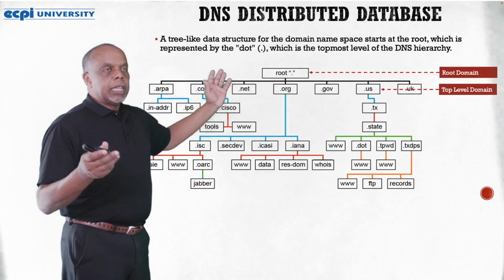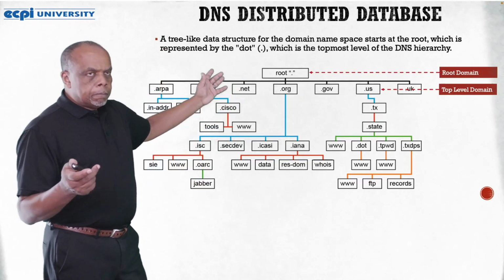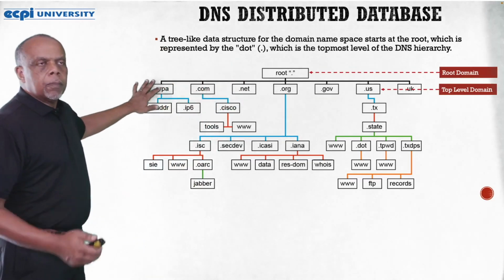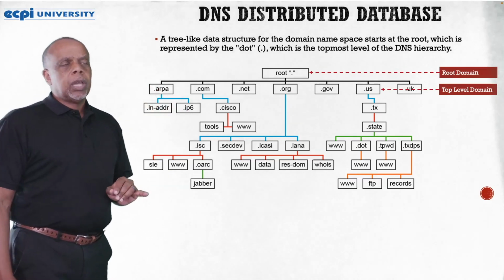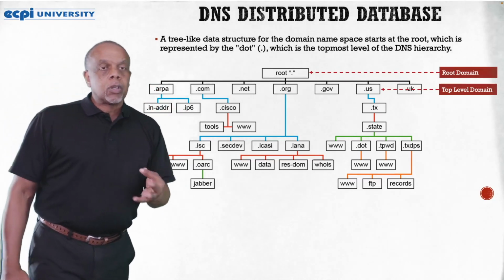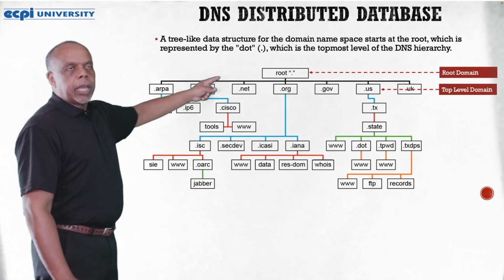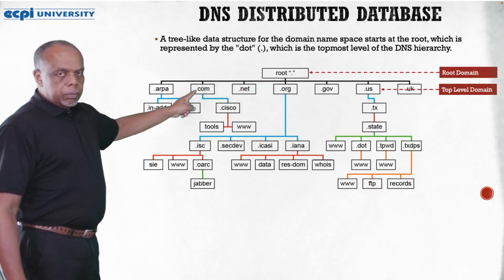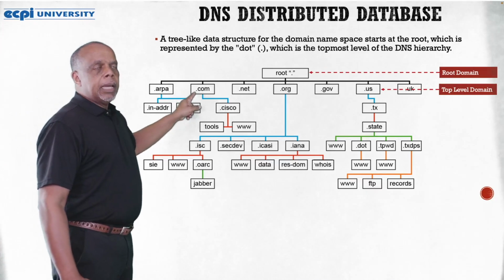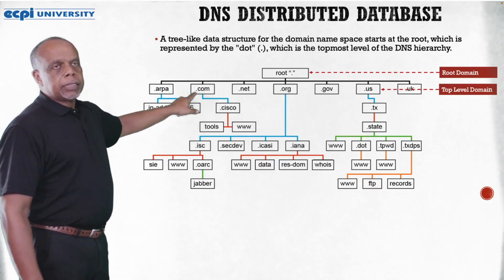Let's say we can use any of these as an example. Let's just use Cisco. If my computer was looking for Cisco's IP address, it would go to the root and say, hey root, I'm looking for cisco.com. And root goes, okay, look in the .com, that's where I'm going to send you. That's the top level domain.